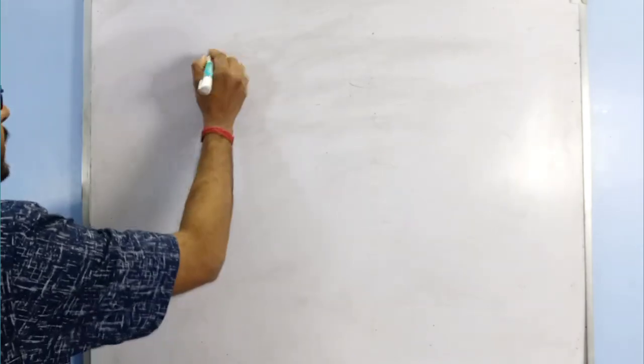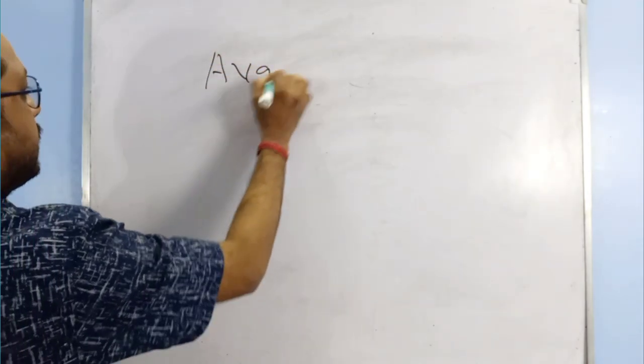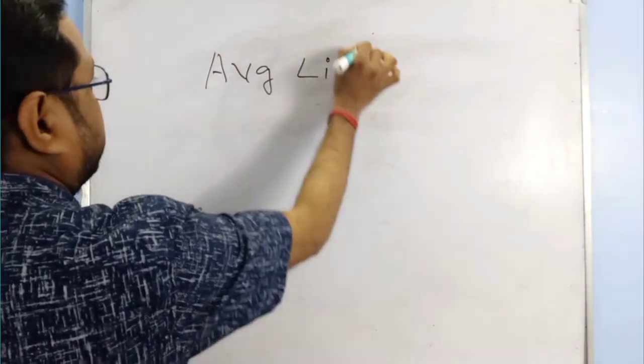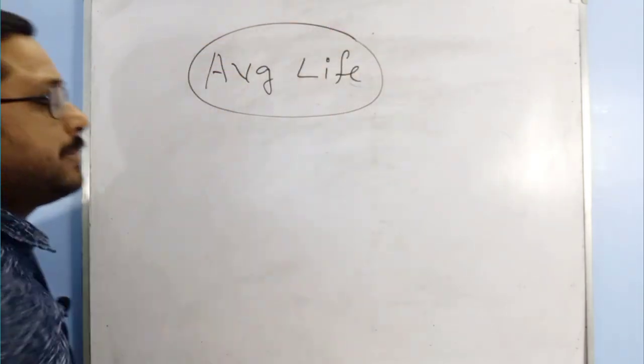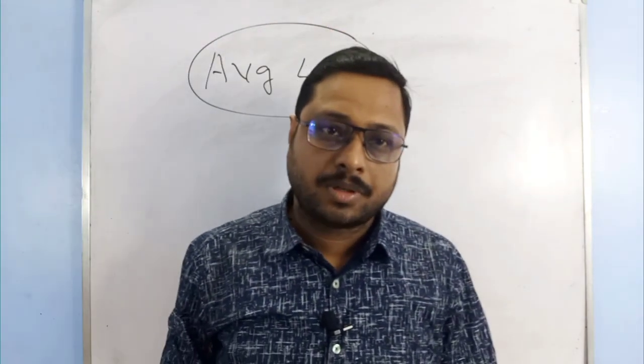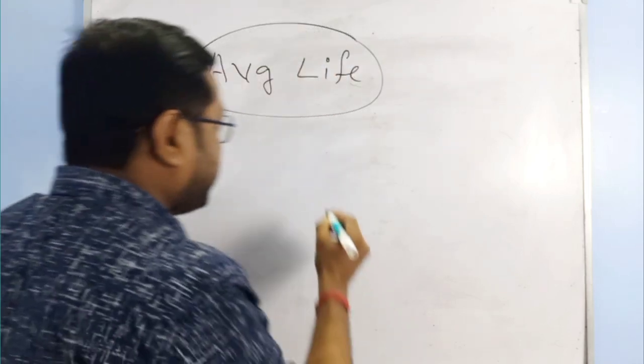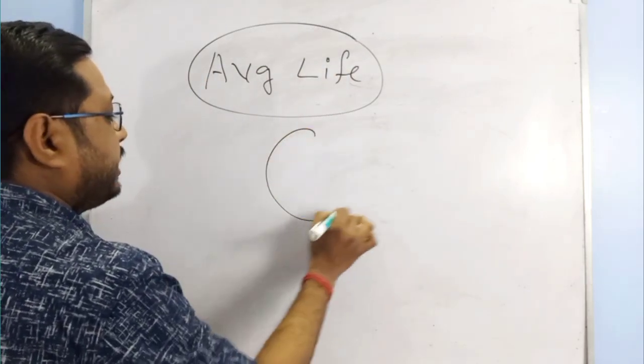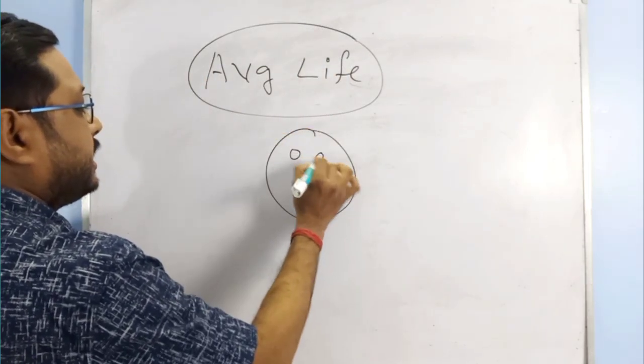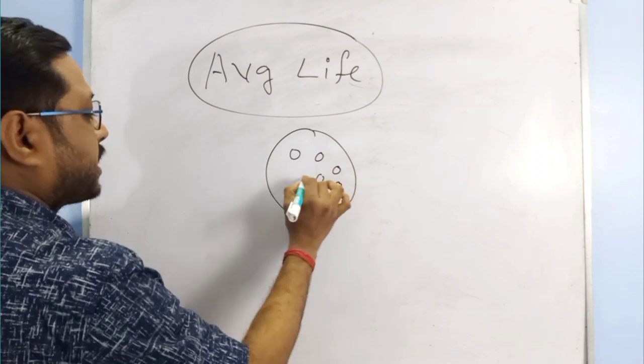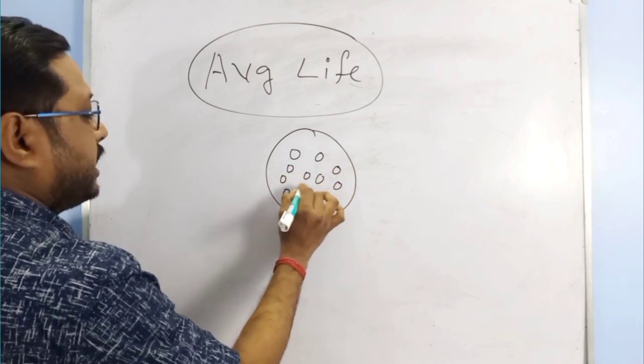What is average life? And how did the concept of average life occur? We know that in a particular radioactive sample, there are an infinite number of radioactive nuclei.